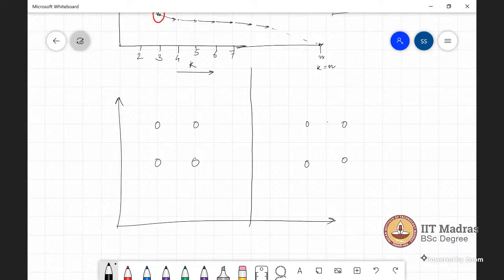Sir, why wouldn't the clustering converge if both the centroids are on this line? Okay, imagine that this is a centroid chosen, and this is also a centroid chosen.